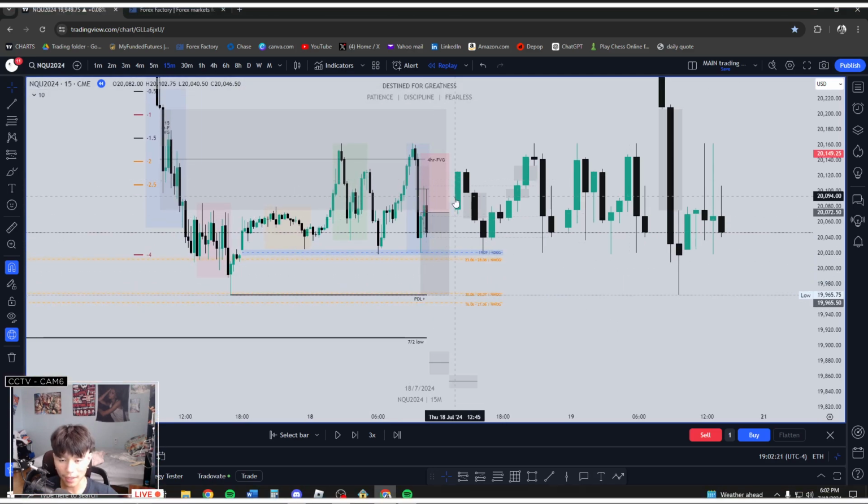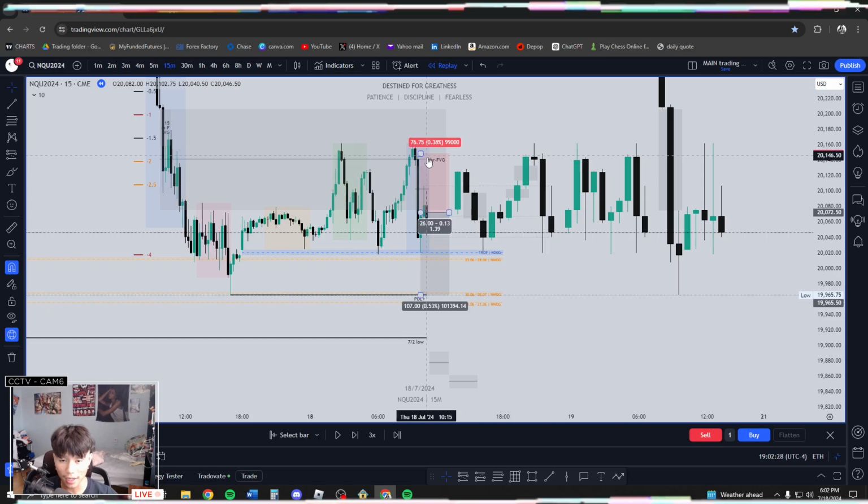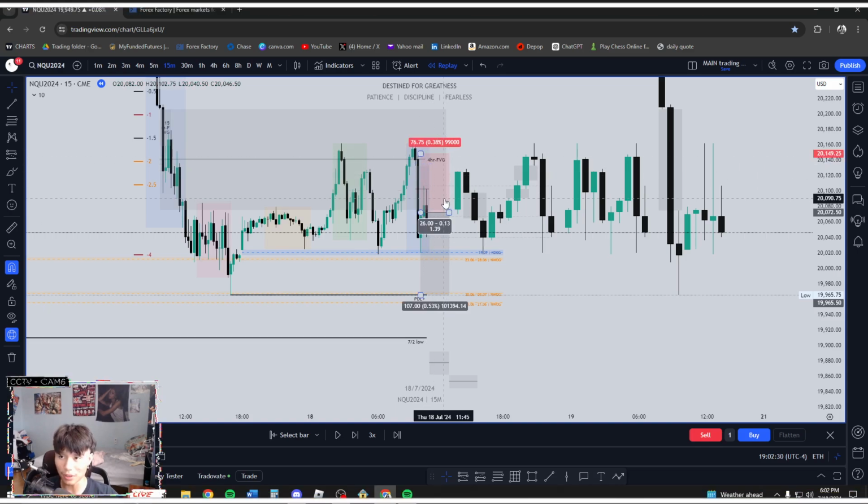I wanted to refine my entry and get an even more precise entry by using the lower time frames, and I wanted to reduce my risk and mitigate the stop loss as low as possible.